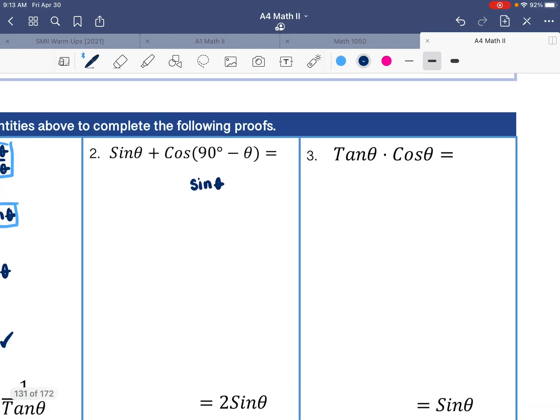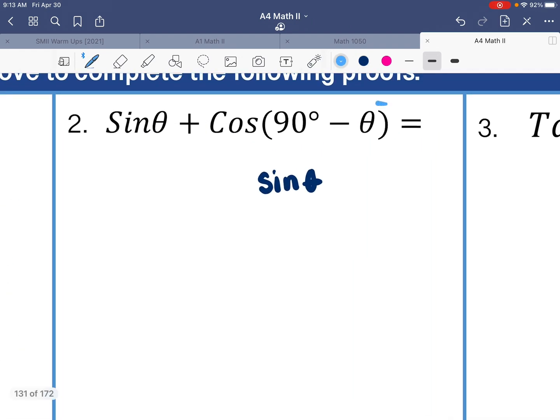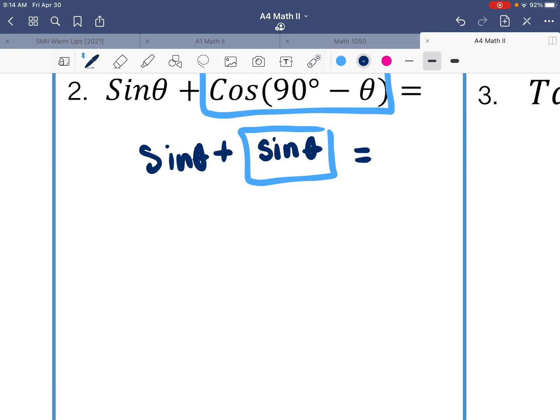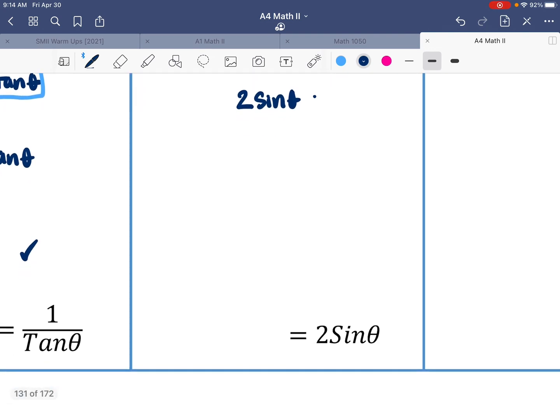Sine of theta is the same thing as cosine of 90 minus theta. So this becomes this, and we still have this plus sine of theta over there. And when we have two sines of theta added together, there are 2 sine thetas. And that is what we wanted to get to down here.